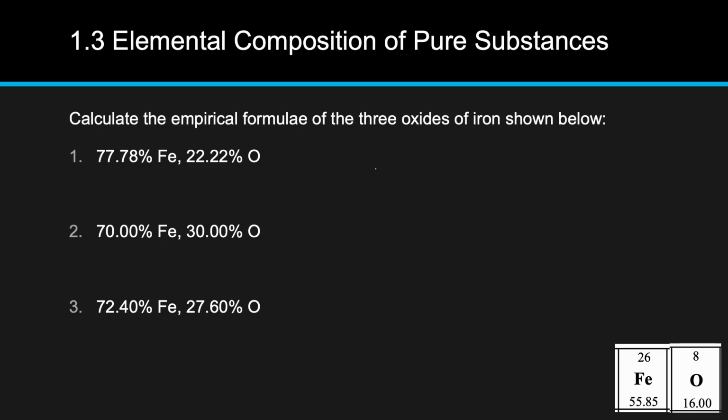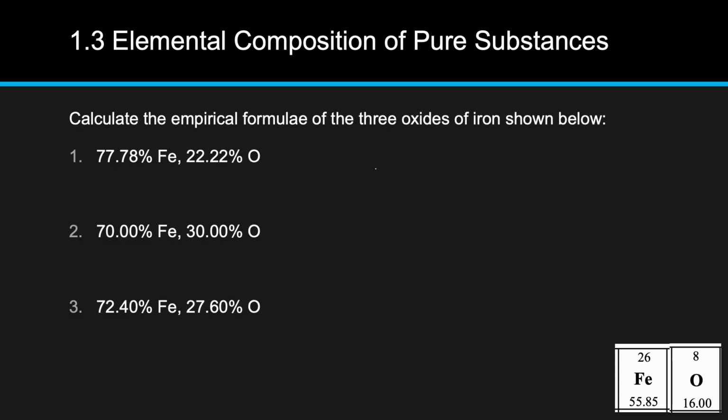So in the first example, 77.78% becomes 77.78 grams because we're assuming it's out of 100 grams. Now we can assume that because ratios don't change with the sample size. So because it's a ratio, it really doesn't matter what we put it out of. So we just put it out of 100 to make it easier in terms of math.